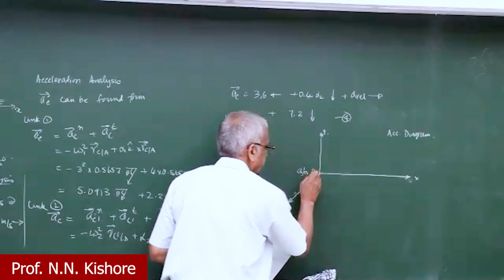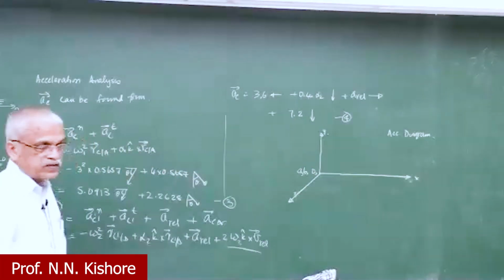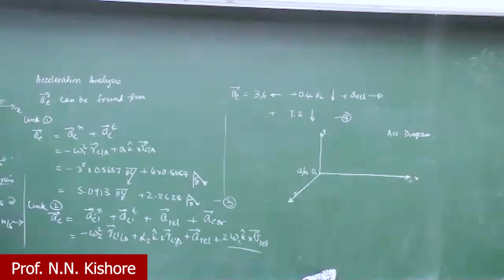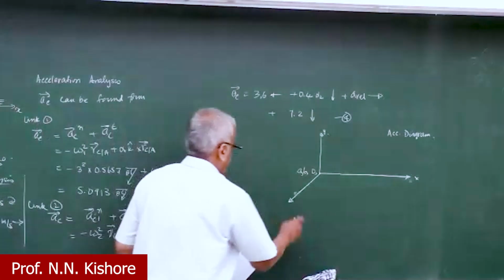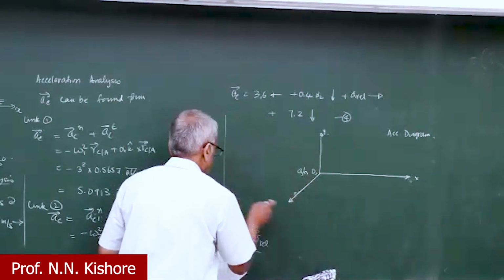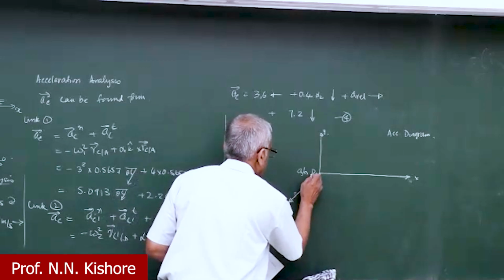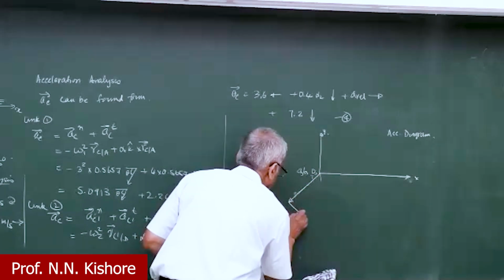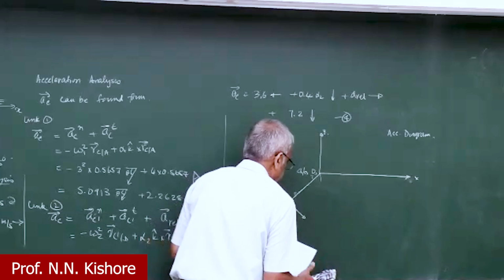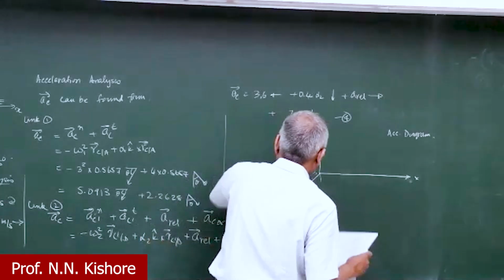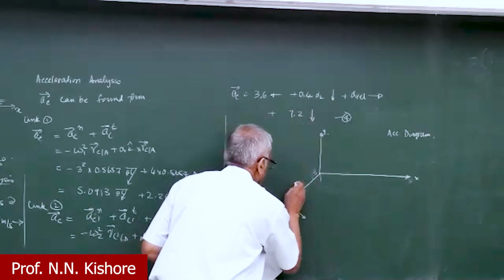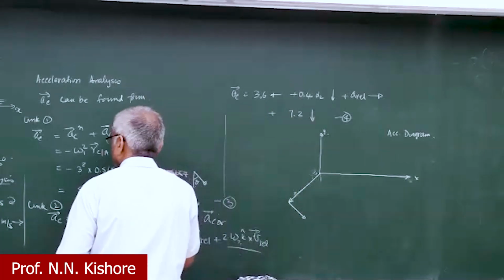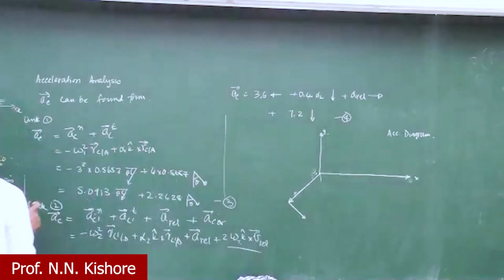And then on this side, what we use first is the known quantities. So 3.6 here. This is the first component, 2 and 3 and 4.